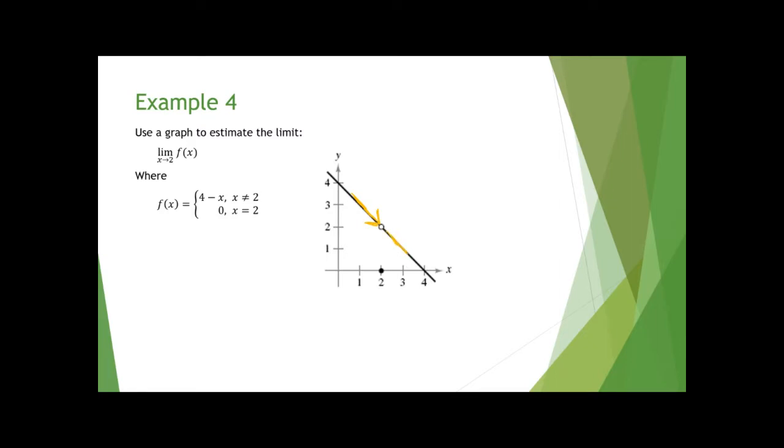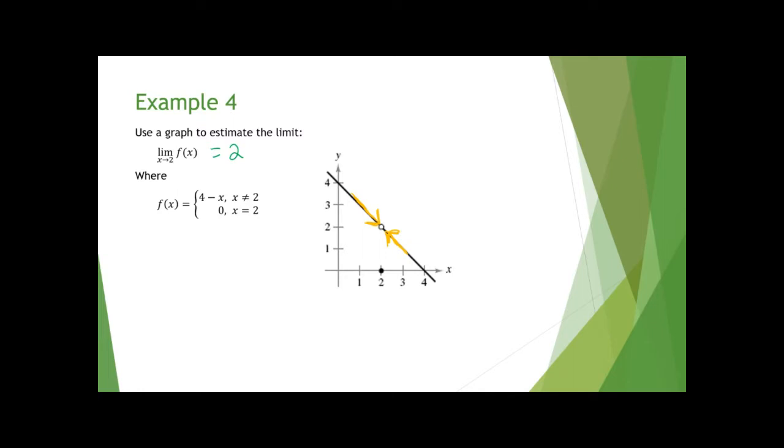And then from the right side, we are also heading towards that hole. So the y value at that spot is 2. So that means our limit is equal to 2, even though at that point the y value is 0.